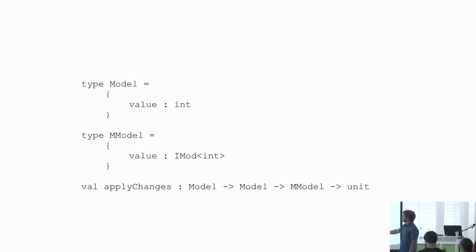And what we need is a function called apply changes. It takes an old model, a new model, and the model which stays the same. This is the mutated model. This gets mutated by the system and produces nothing. So we only have one function which performs side effects, and then we're done. So we now have a separation between purely functional application level programming, change computation, and then the incremental rendering engine.